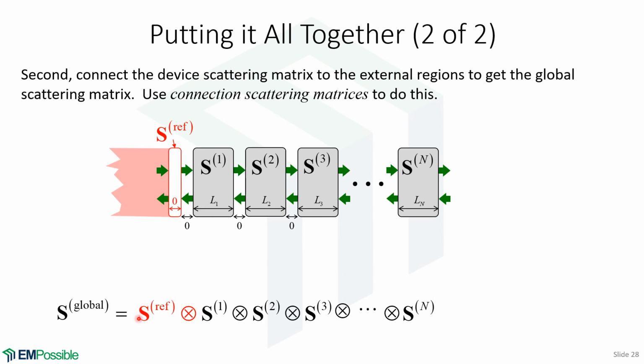So we do a star product with our connection scattering matrix, or we'll call it the reflection side scattering matrix. We have our transmission side, whatever medium might happen to be over here. We'll give this layer 0 thickness, and then we do another star product to connect our device scattering matrix to the outside world. Once we connect our device scattering matrix to the outside world, we call that the overall global scattering matrix. And that's the final one that we will calculate transmission and reflection from.